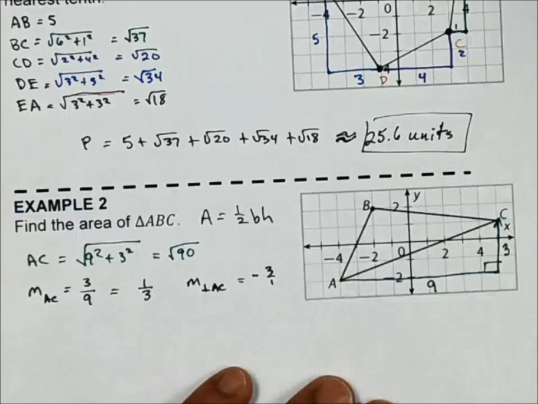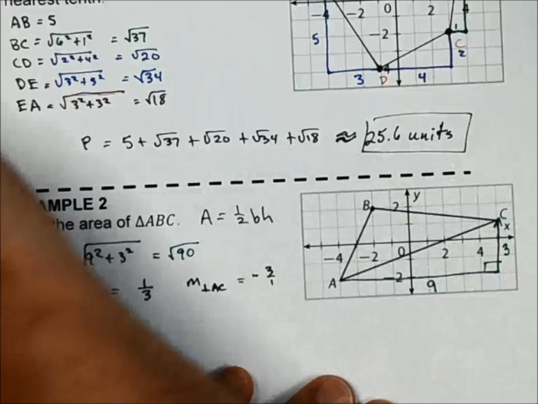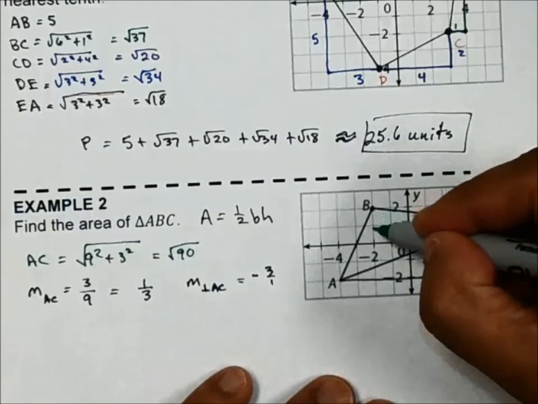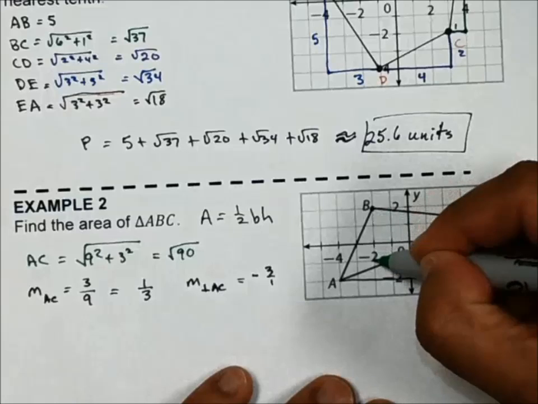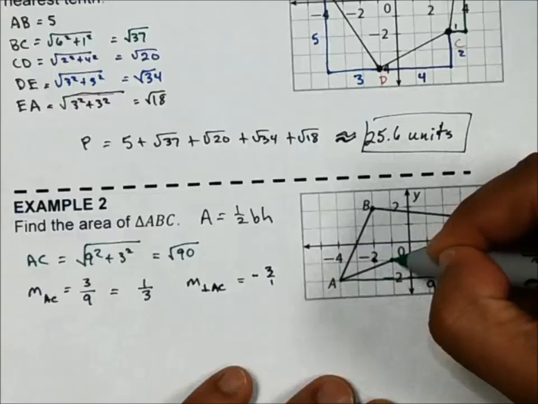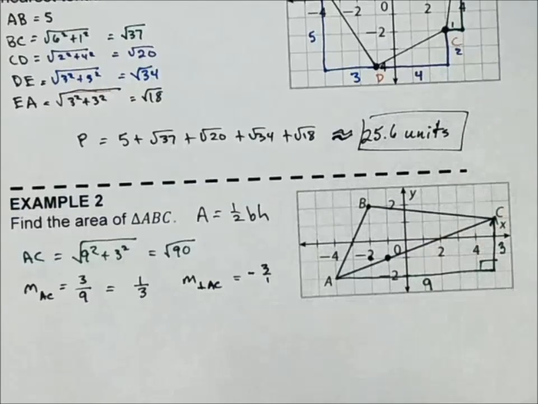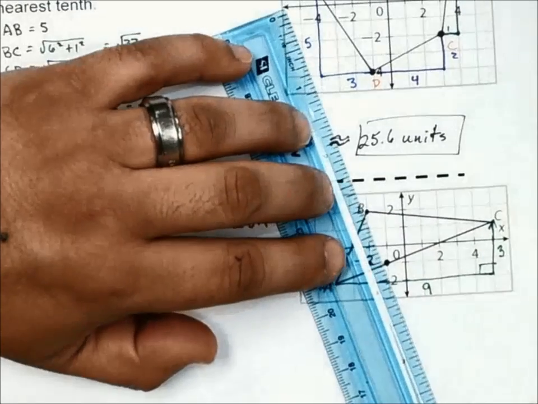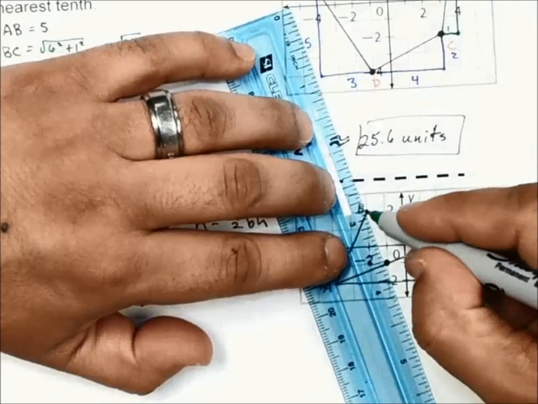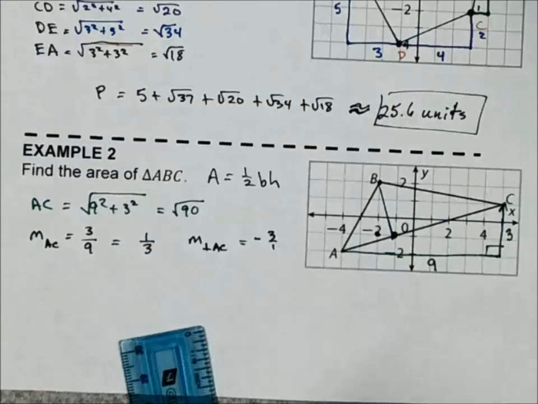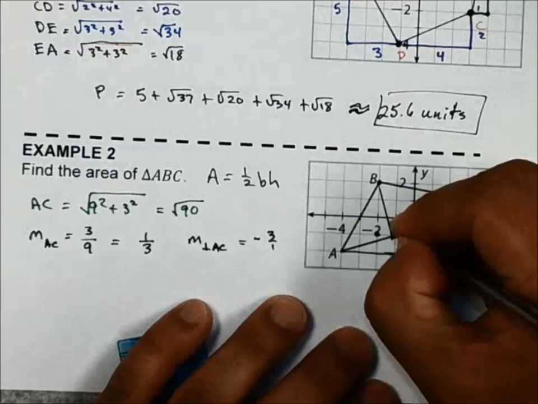So I need to go from B, I'm going to go down 3 units here, and then I would need to go right 1. So this would be that intersection point with AC. So I would need to connect B to this new point. And if we need to name it something, we can name it point D.